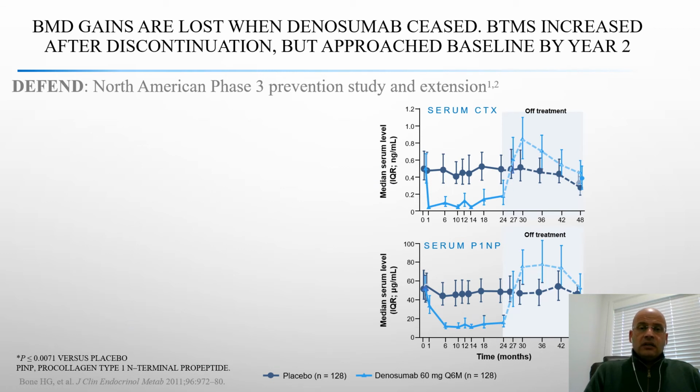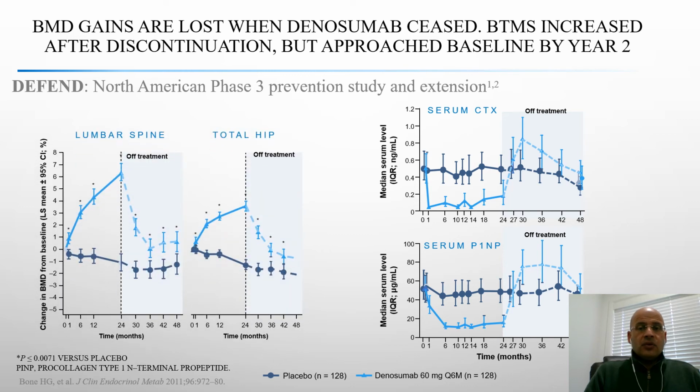Now, again, it's a short offset effect. Once you stop the treatment, the CTX goes through the roof and the P1NP goes up to baseline. The bone mineral density drops down to baseline within a couple of years' time, or even less than a year.